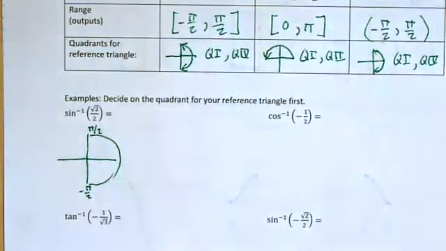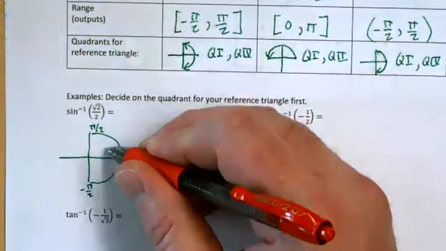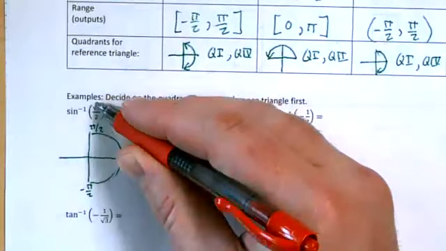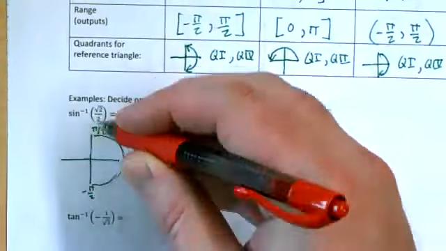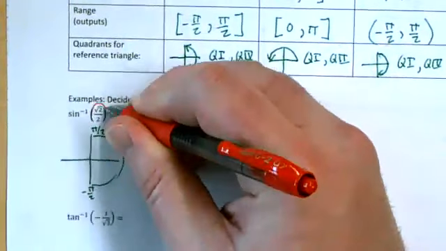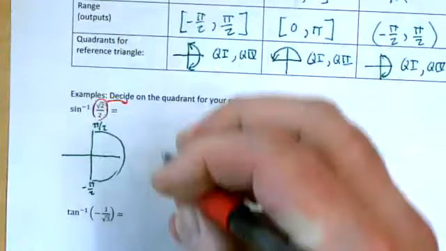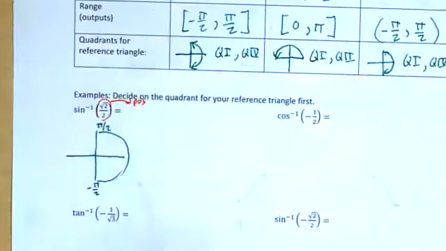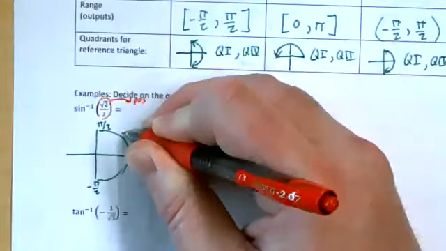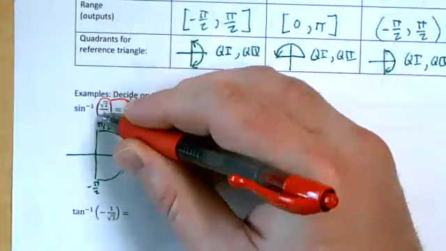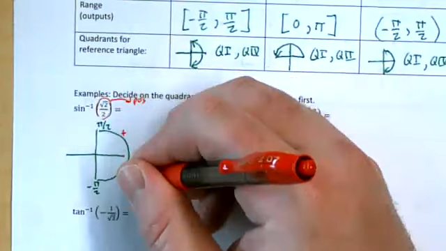Anybody want to take an educated guess about which of those two quadrants it's going to be? Top one? How do you know it's the top? Because this is positive, right? The sign of this right here is going to narrow it down further for you. Since that's positive, that tells us that we're going to be in this quadrant. Now, if that had been a negative root 2 over 2, we'd have been going down here.